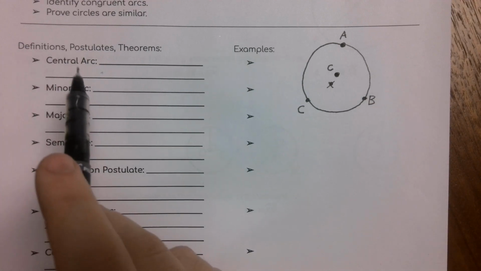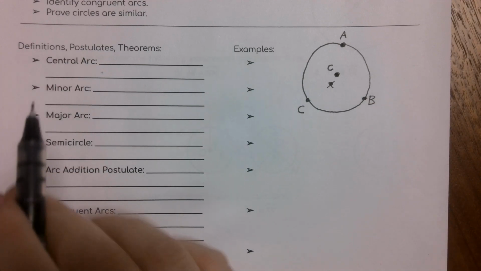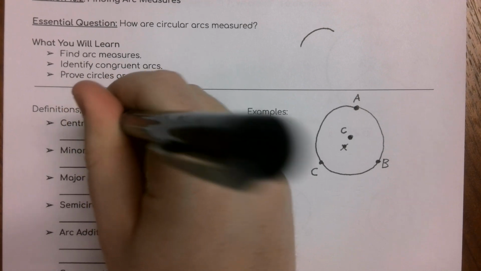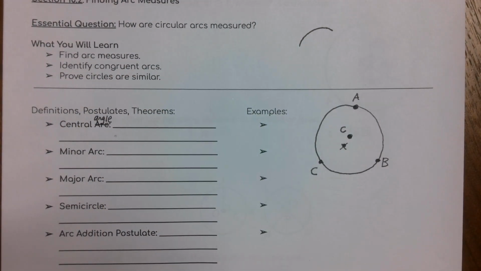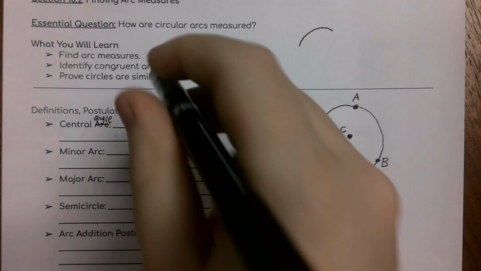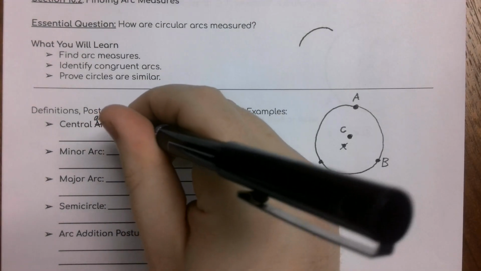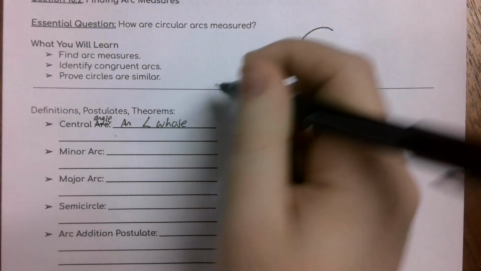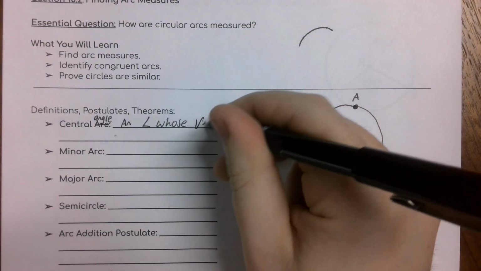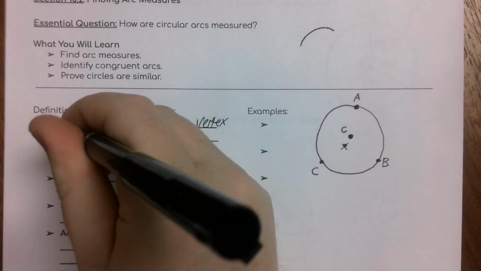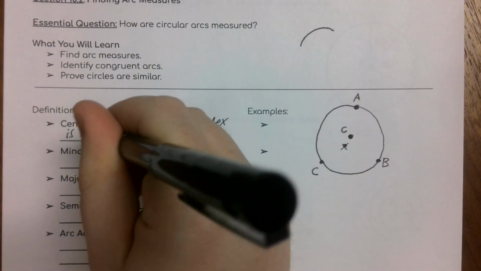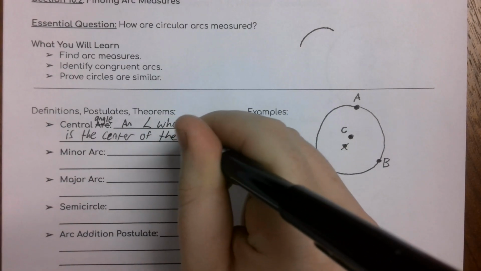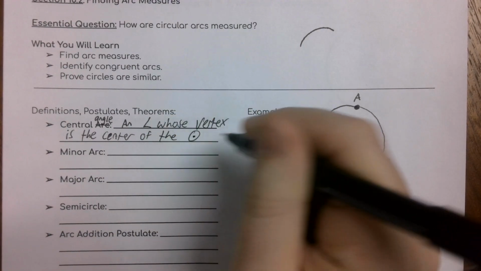And to do that, we need to talk about the central angle. The central angle of an arc is an angle whose vertex is the center of the circle.